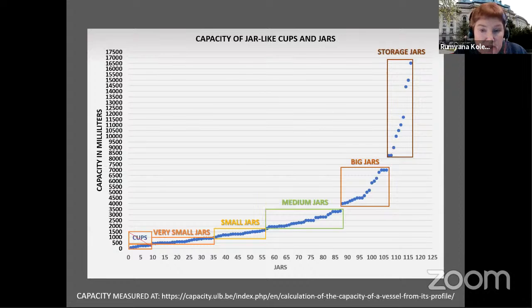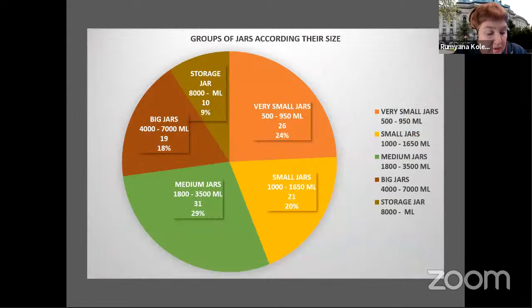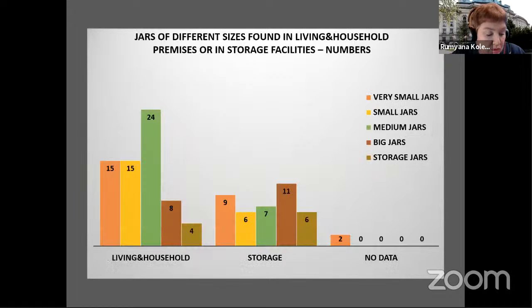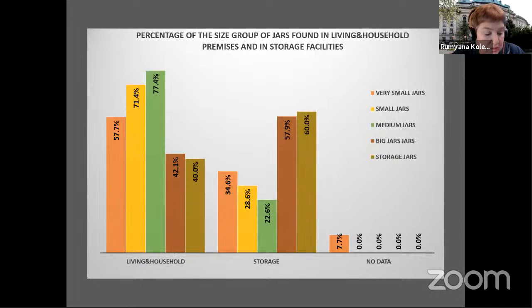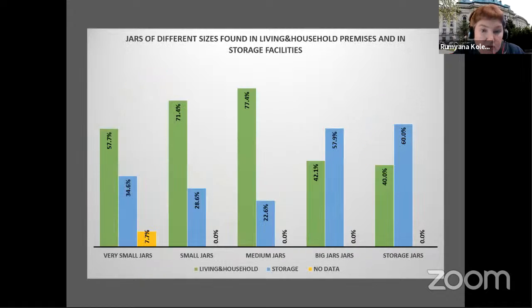The structures in which the pots were found can be divided into two main groups: living or household premises and storage facilities. Most of the very small and medium jars are found in living or household premises, while large and storage jars are predominantly found in storage facilities.